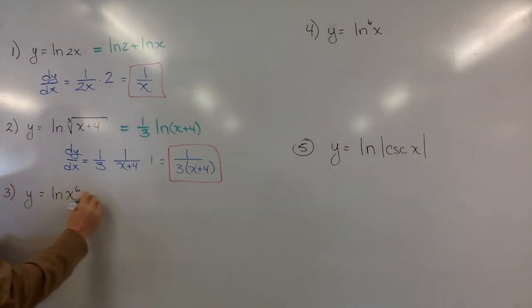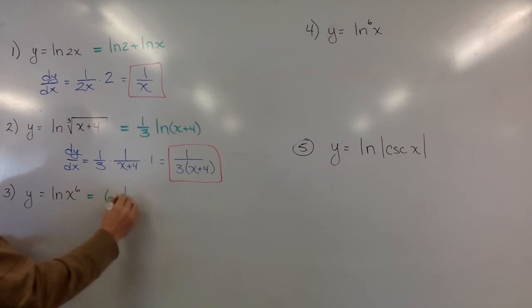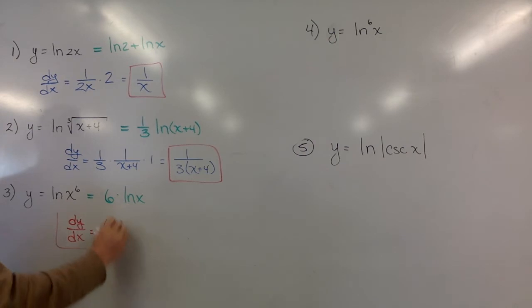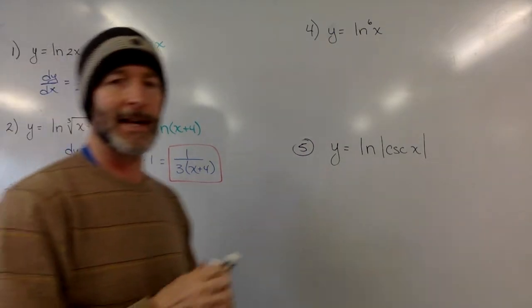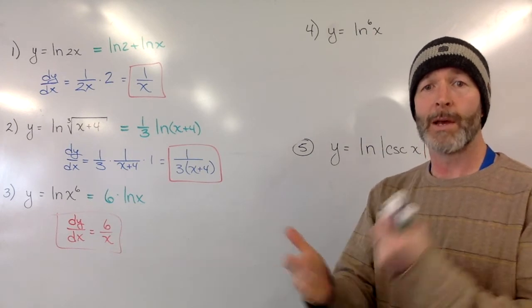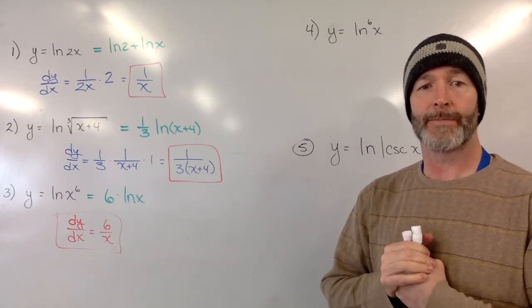Same thing for example 3, I've got 6 times the natural log of x. I think it's going to be real easy to spot this one if you do it the right way. That is really just 6 times the natural log of x. So please simplify first.